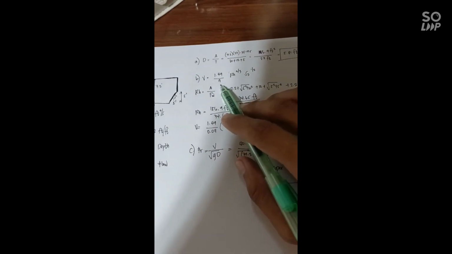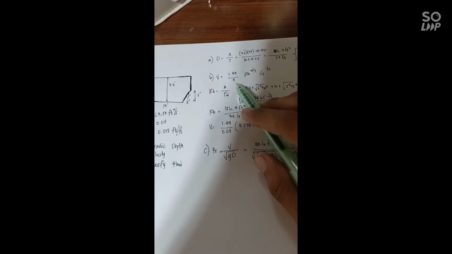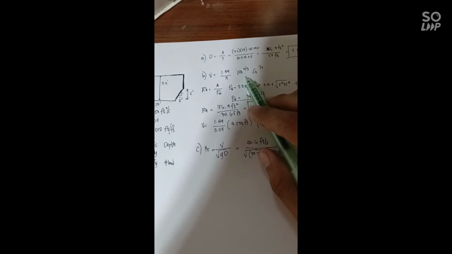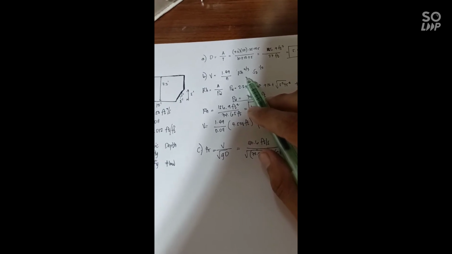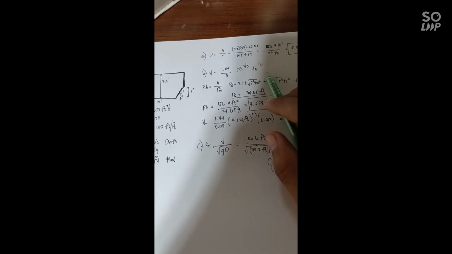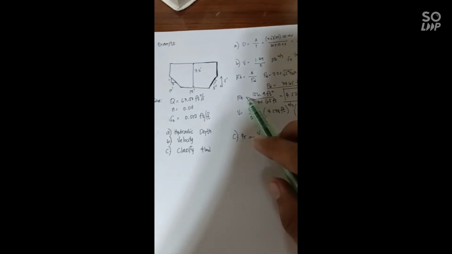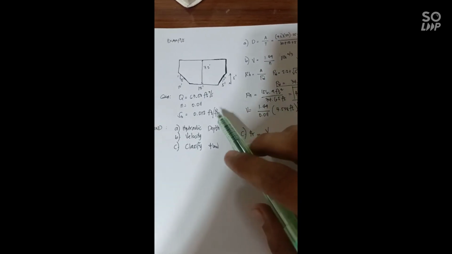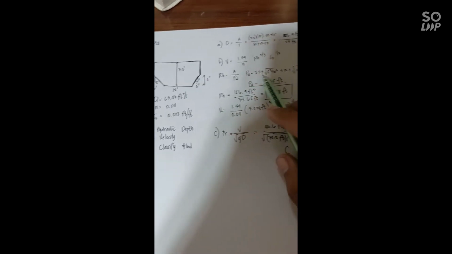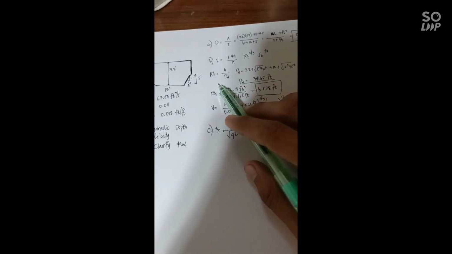We know that the formula of the velocity is V equals 1.49 for the English version over n, times the hydraulic radius, RH, to the 2/3, times the slope, S0, to the 1/2. Here we know that n is 0.012 and the slope is 0.012, and the missing piece is the hydraulic radius.